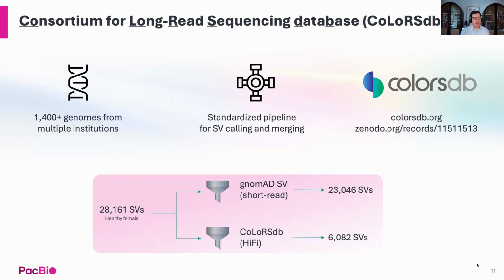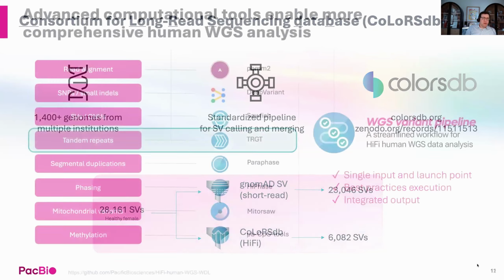If you then ask how many of those are unique when you compare to different frequency databases, you can see compared to the CADD-SV short read based structural variant database that the vast majority of the variants in this individual are not seen in the control database, so 23 of the 28,000. While comparing to CoLoRSdb, you see that only 6,000 of the 28,000 variants appear to be unique to that individual. That just shows the importance of having a comprehensive control set to go with your comprehensive set in the individual.